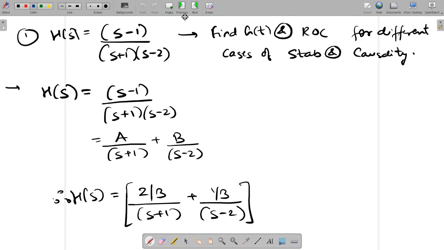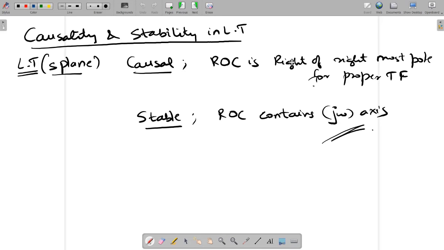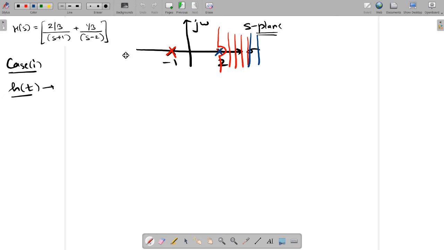As you have seen in the earlier condition, if the ROC is right of the rightmost pole, I can say that h of t is causal. In this case, does the ROC contain the j omega axis? No. So not stable. My first case is causal and not stable. What do you expect h of t to be?